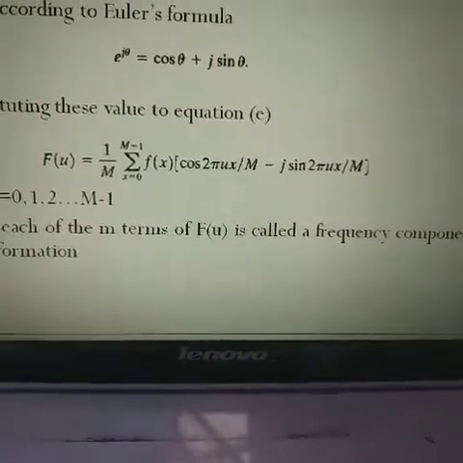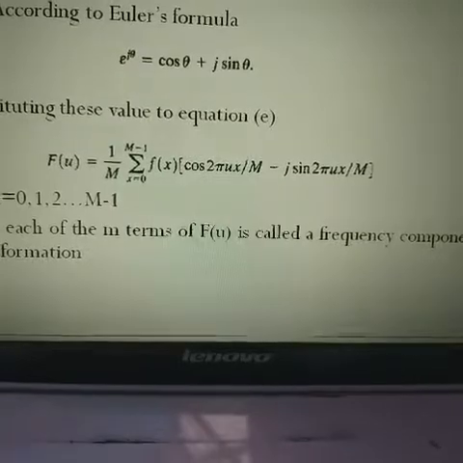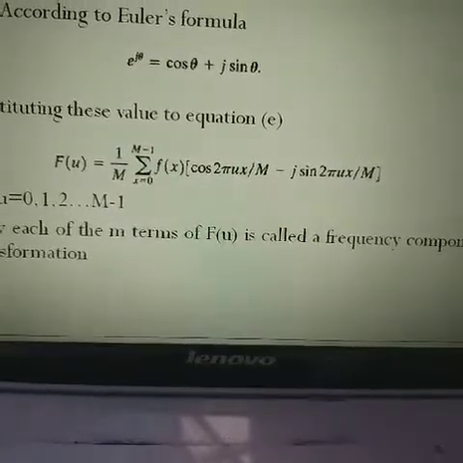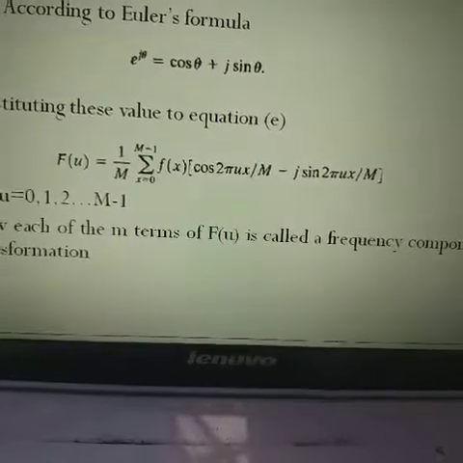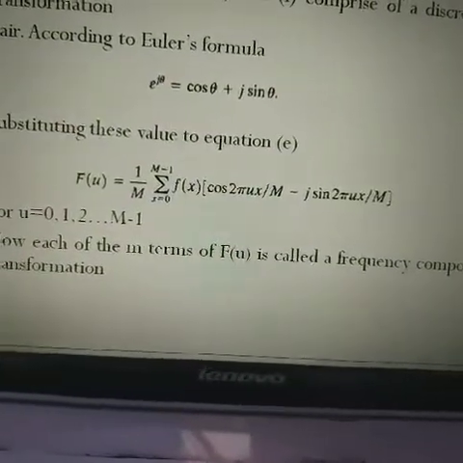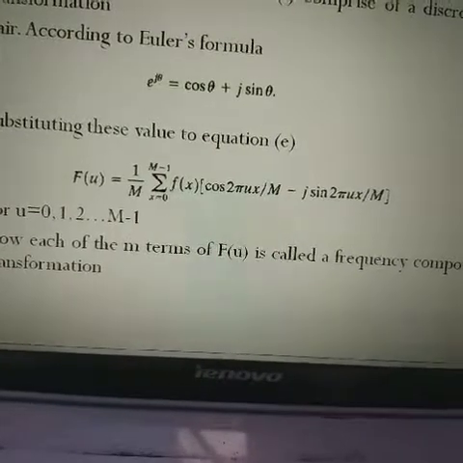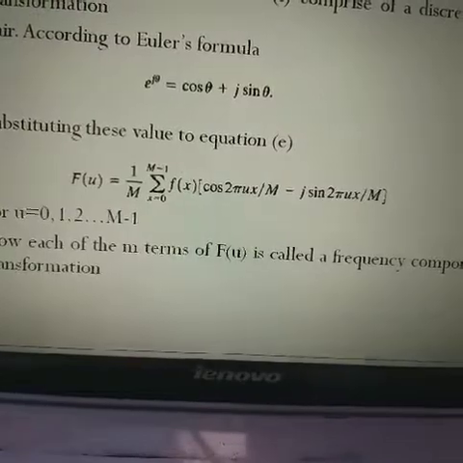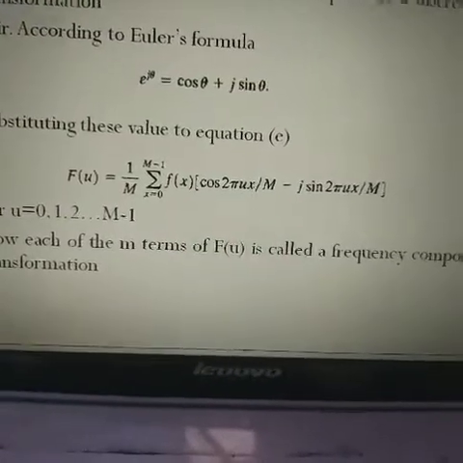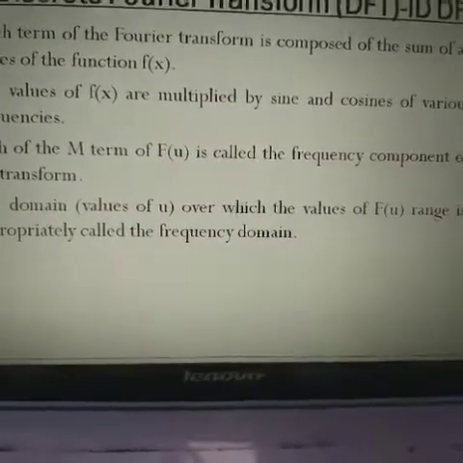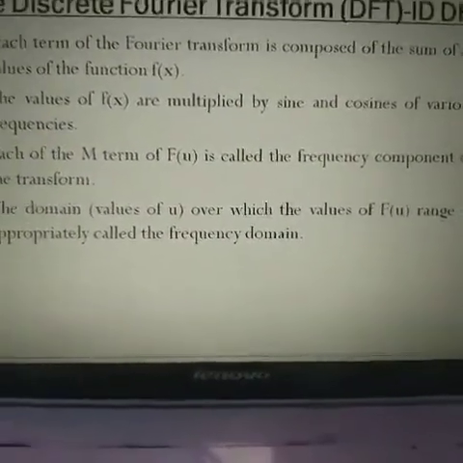For one value of u we get different Fourier transformation values when we put the values of x equal to 0 to m minus 1. So the values of u and x can be different, and the different values that come give us the frequency component. So all the different values of that Fourier transformation are known as the frequency domain.